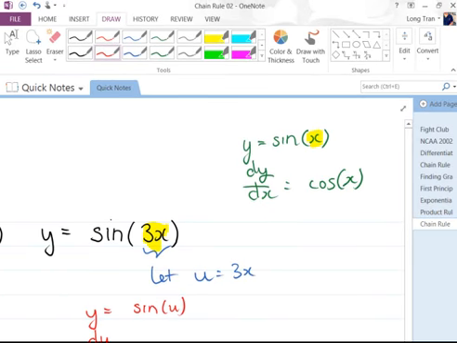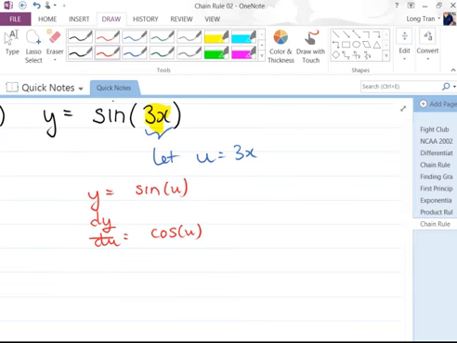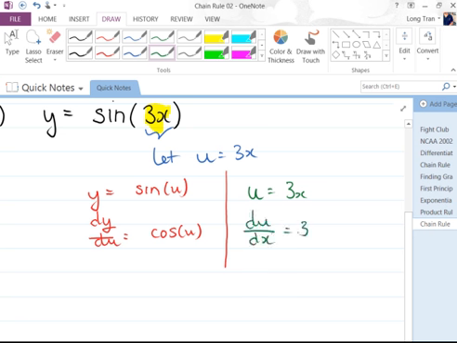It's saying when you have one variable, sine of x, it's cos of x. So if it's sine of u, it's cos of u. The next part is I found dy/du, but I also need to find du/dx. Since I know u equals 3x, the derivative du/dx is equal to 3.